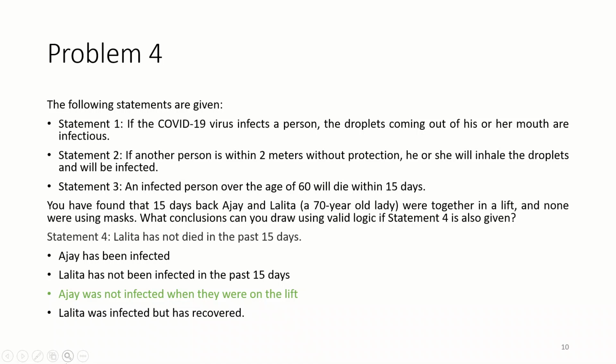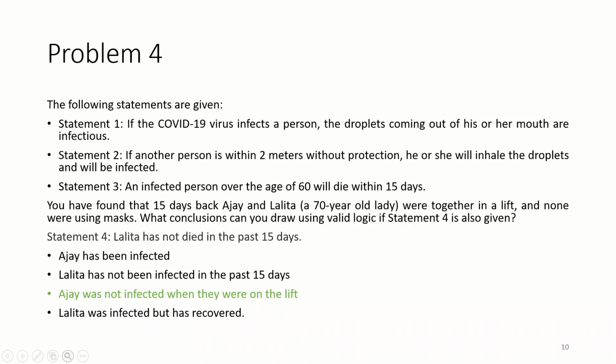Nothing is said about recovery. It is only said that a person over the age of 60 will die, and will die means they're confident that they will die. How would she die because she was not infected? So that is the statement three.